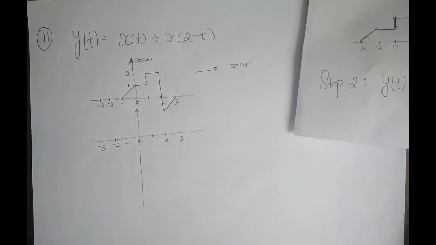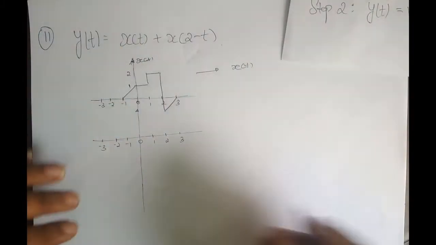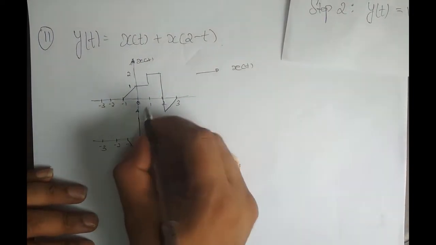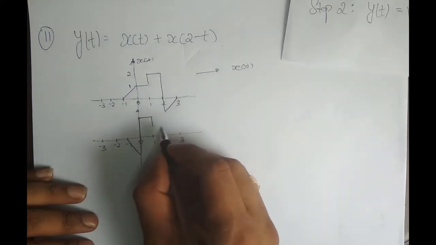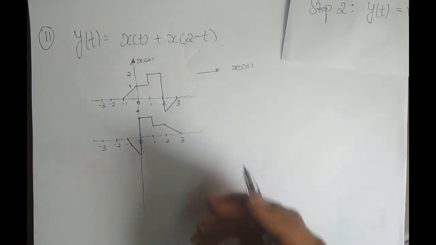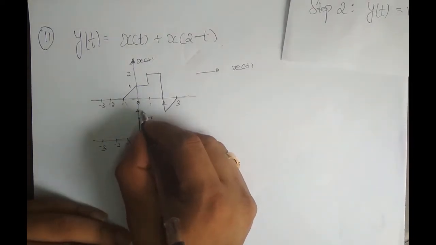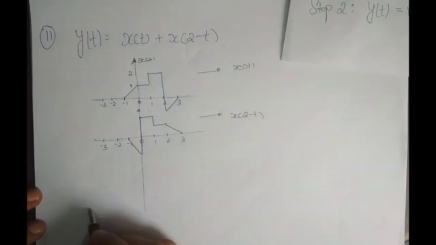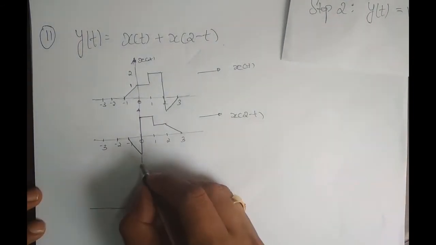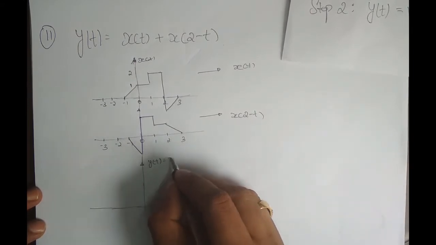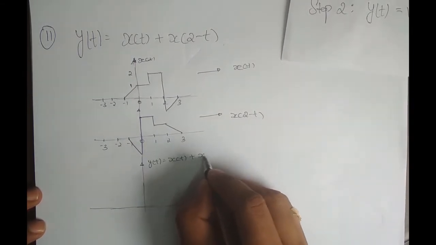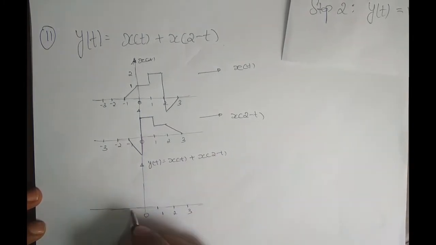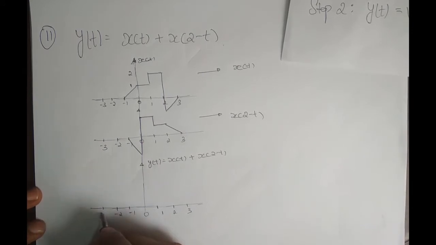So we'll sketch it. So the signal is x of 2 minus t, right? Now the third signal is our resultant signal, which is y of t, equal to the sum of the first signal x of t and the second signal x of 2 minus t. So 0, 1, 2, 3, minus 1, minus 2, minus 3.